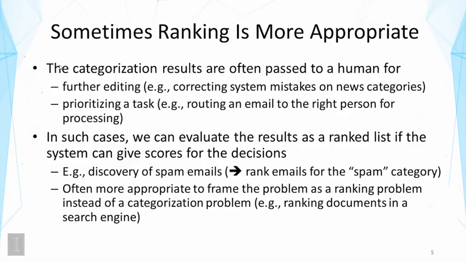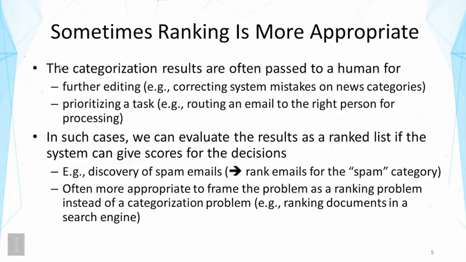Or email messages might be routed to the right person for handling in a help desk. In such a case, the categorization is to help prioritize the task for a particular customer service person. So in this case, the results have to be prioritized.